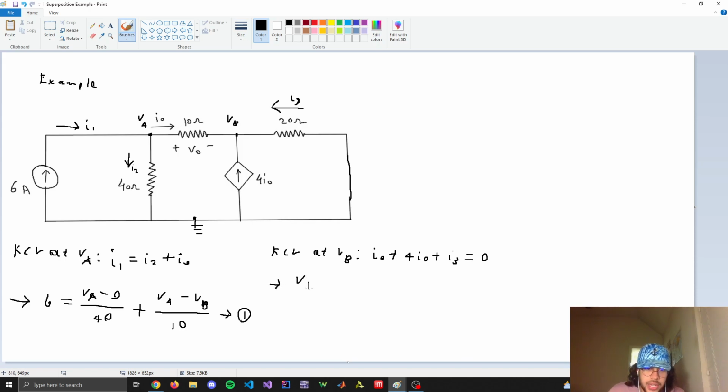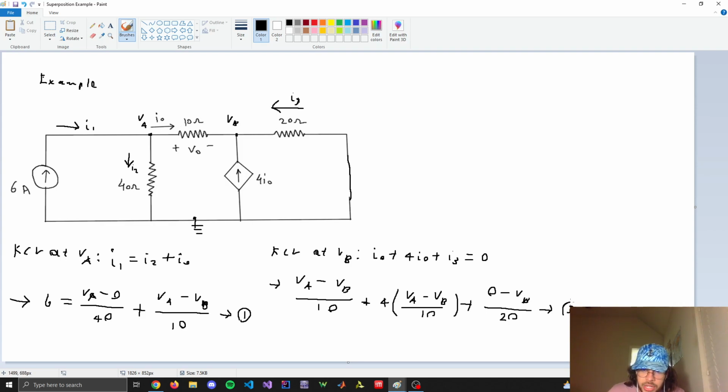And then I0 is VA minus VB divided by 10, plus 4 times I0, where I0 is VA minus VB divided by 10, plus I3, which is 0 minus VB divided by 20, because it's going in this way.